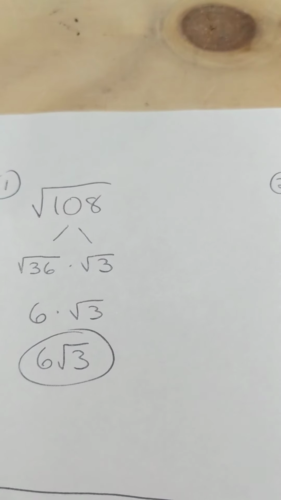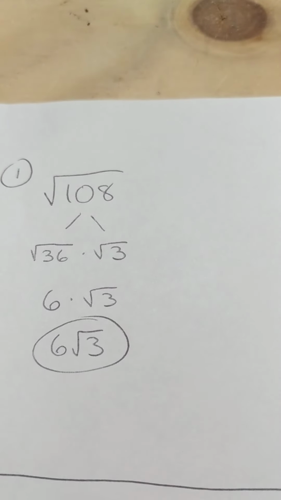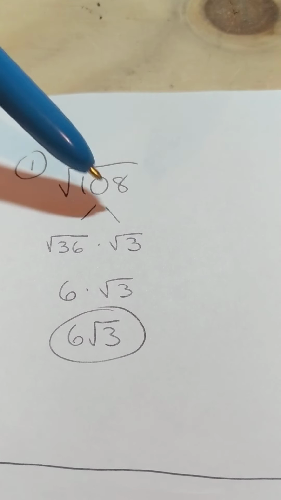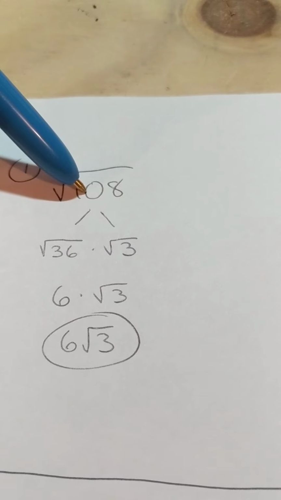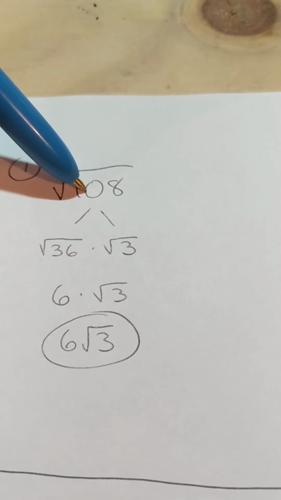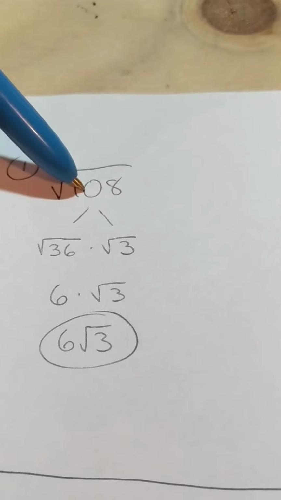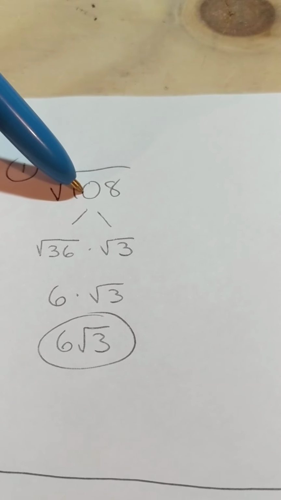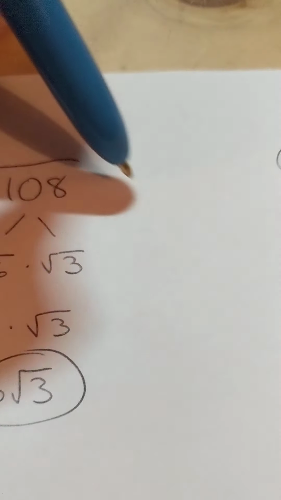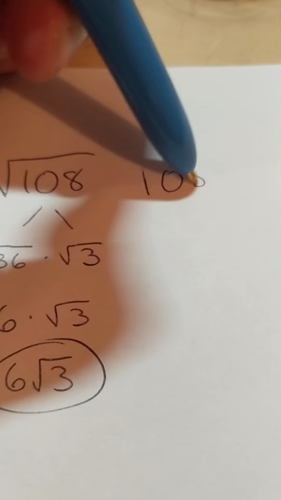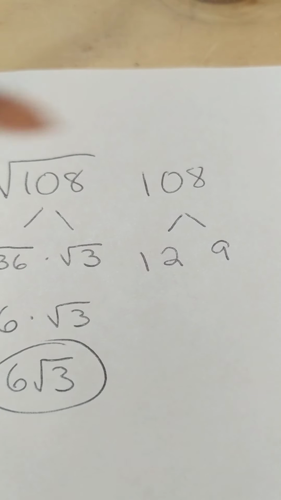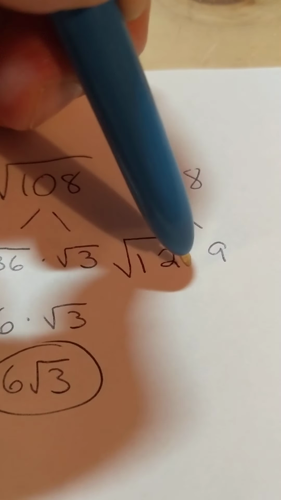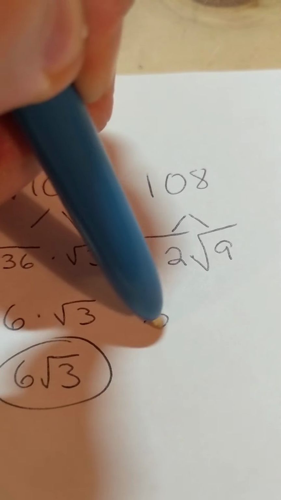Now some people did this problem a little differently. They went through and said, oh, well, 12 goes into 108. And they realized that 12 goes in 9 times. So 108 being 12 times 9, the square root of 12, the square root of 9, so they got 3 square root 12.